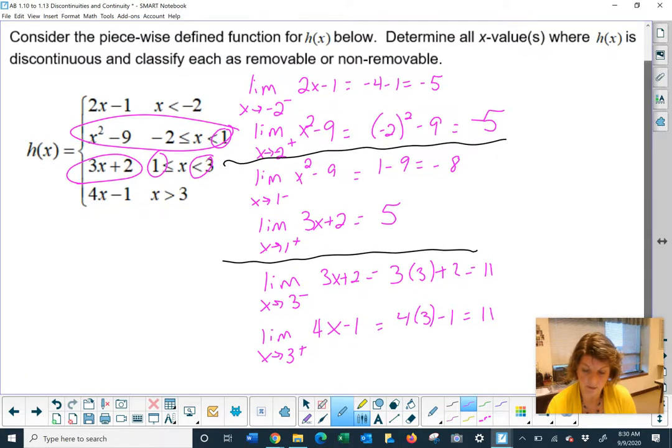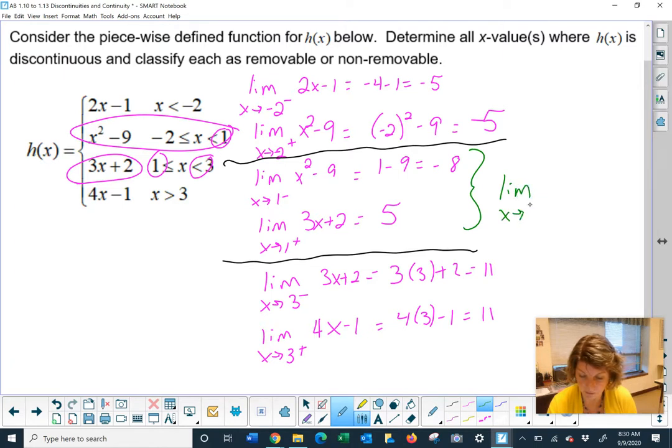So determine all the values where h is discontinuous. It is discontinuous at x equals 1. The limit as x approaches 1 of h of x does not exist, and that fails the continuity test.